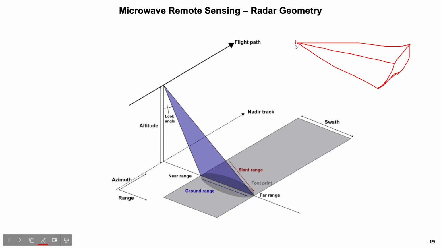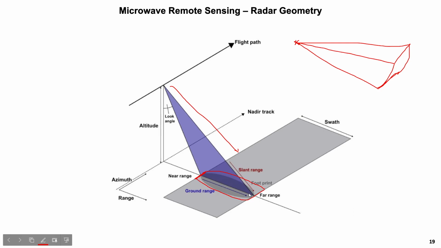So this is the exposure station, and as it travels away from the sensor, it's going to keep expanding.